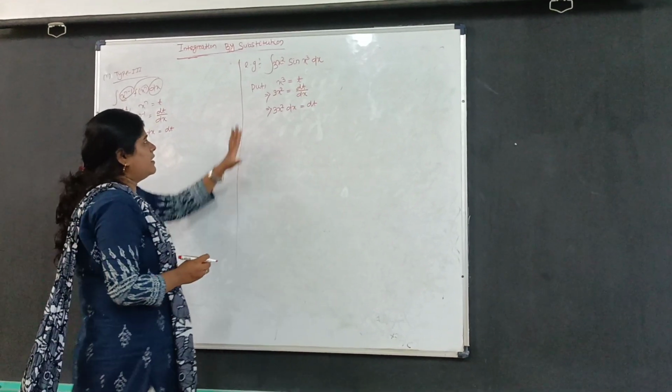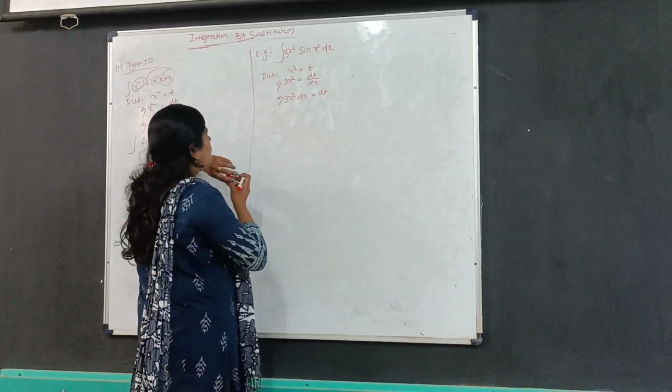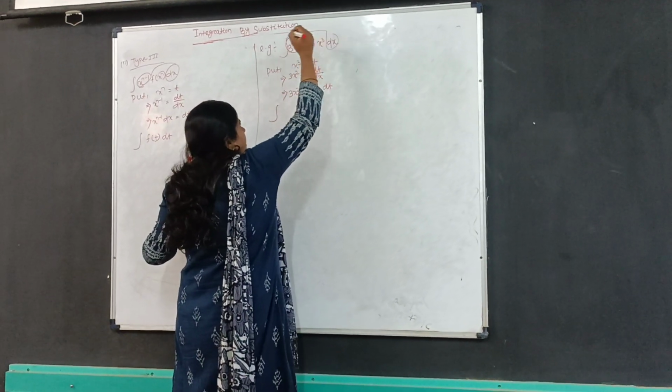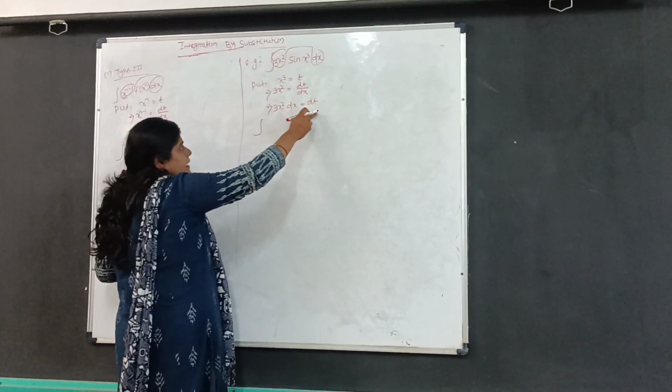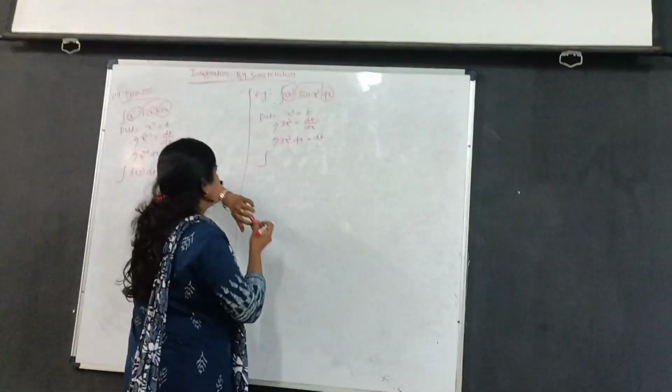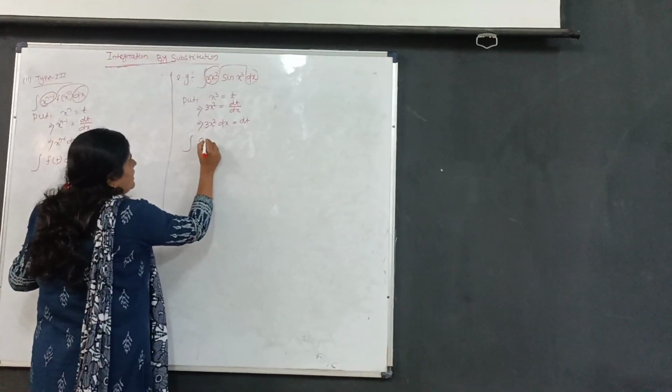So this integral is converted to the integration of, where 3x square dx we substitute dt, and in x cube we put t, so sin t dt.